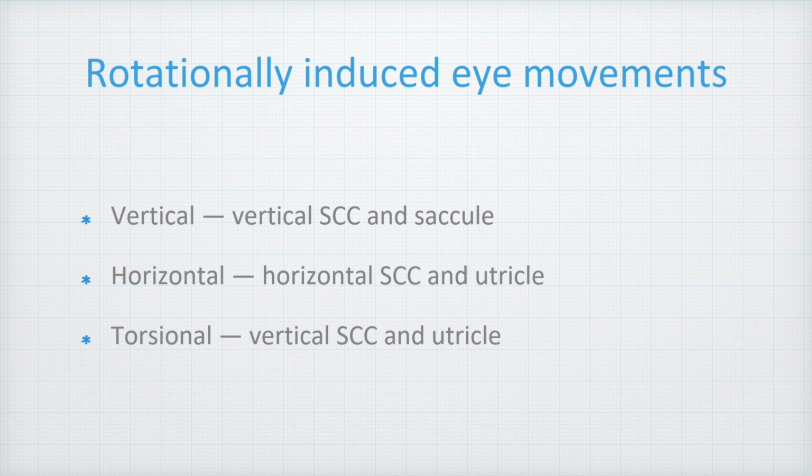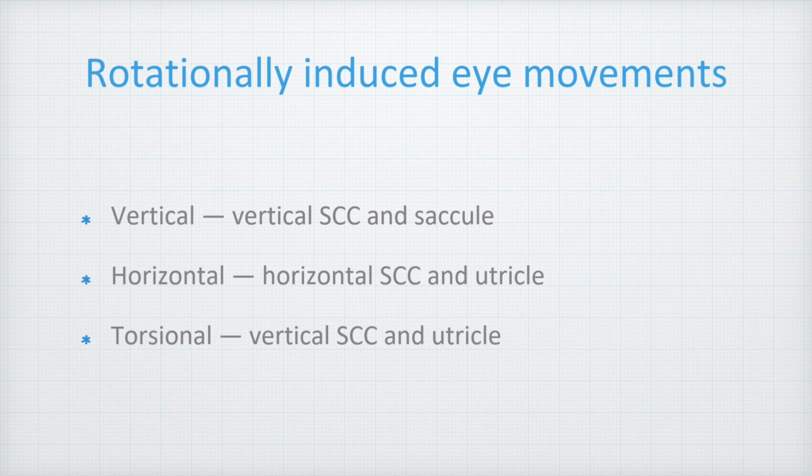Now, the vertical movements are mediated by the vertical semicircular canals, that is the superior and posterior, and saccule. The horizontal movements are mediated by the horizontal or lateral semicircular canal and the utricle, whereas the torsional movement of the eyeball is mediated by the vertical semicircular canals and utricle.